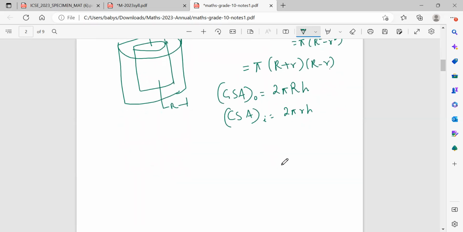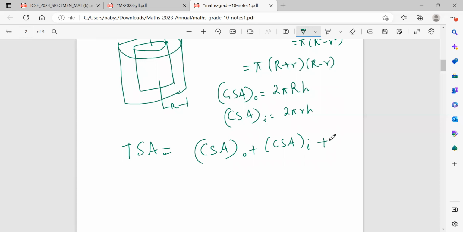So if I'm considering the TSA, total surface area, remember, I'm going to add up all the surface areas, whatever surface I can see. Hidden surface areas, leave it, but what I can see will be what? I can see an outer surface, CSA outer, I can see an inner surface, curved surface area inner, and I can see two concentric circles, two of them.